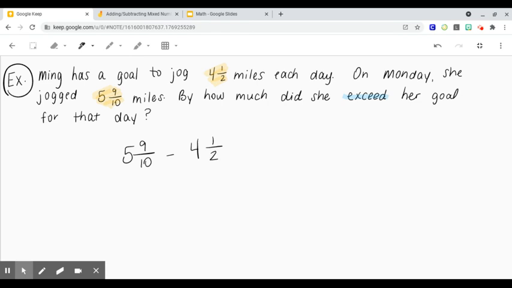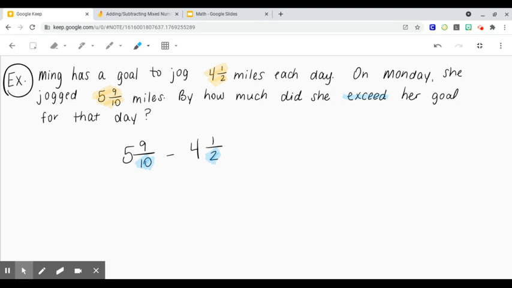Now, the first thing you're probably asking yourself is, okay, where do I even begin? Here's the problem. We cannot subtract fractions that have different units or different denominators. Tenths are far different from halves. So it's important that we make equivalent fractions.